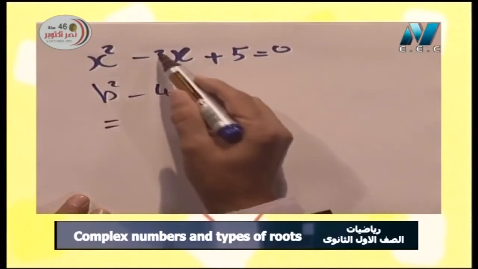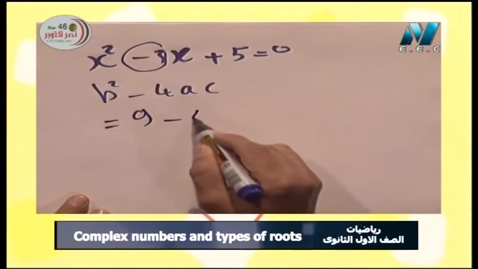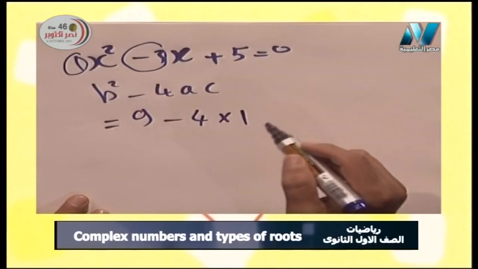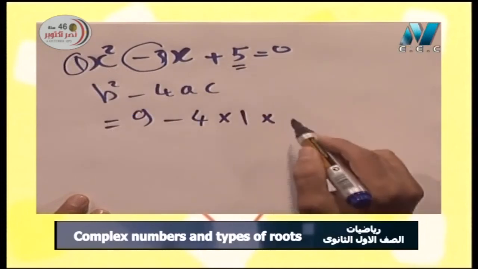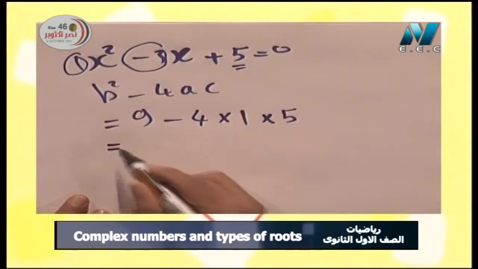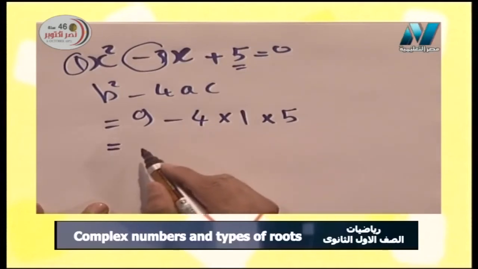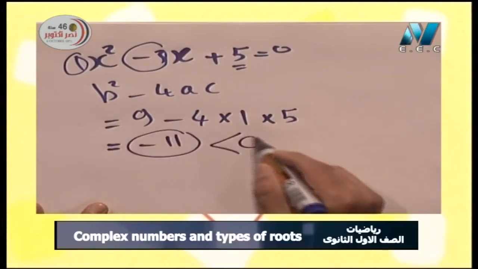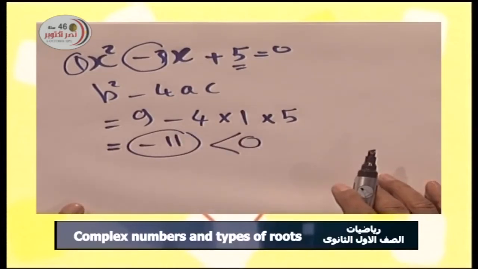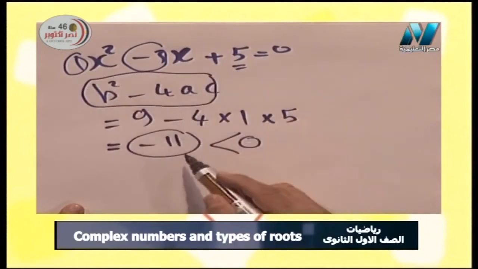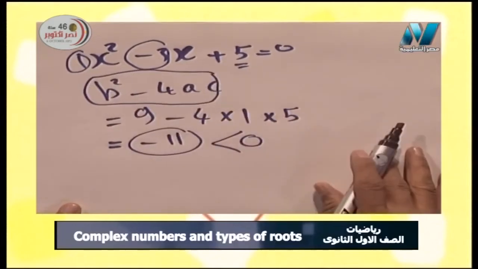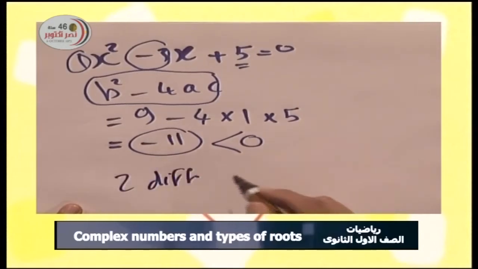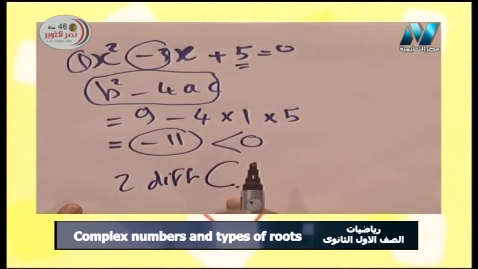We have b equal to negative 3 here, so it will be 9, minus 4 times a, which equals 1 here, times c, which equals 5. So the final answer equals negative 11. This number is less than 0. And we agreed that if the discriminant equals a negative number, then we have no real roots; there will be two different complex roots.